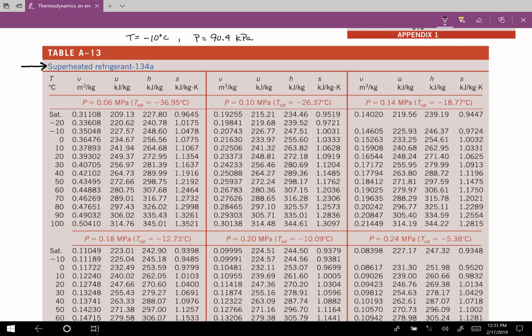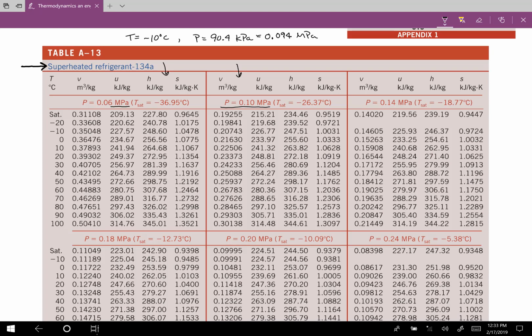If you remember, in the superheated vapor table the pressures are in megapascals, so we need to convert this to megapascals, and this is 0.094 megapascals. Then the next step is to find whichever one of these tables is the pressure that you need, and then look up the temperature and so on.